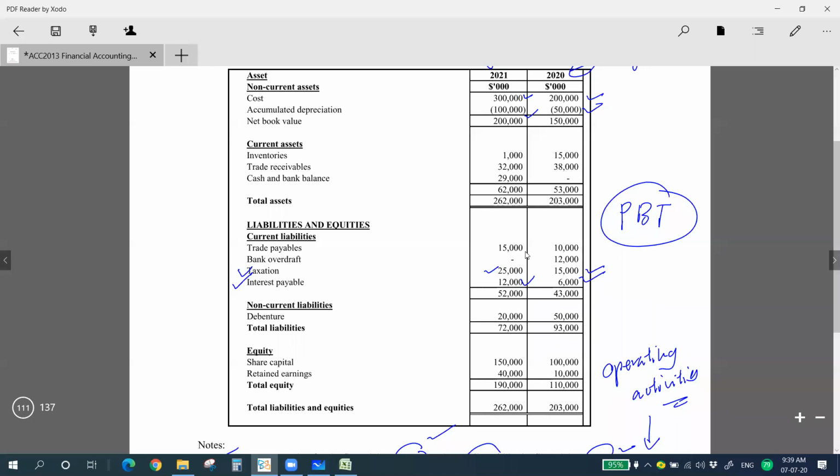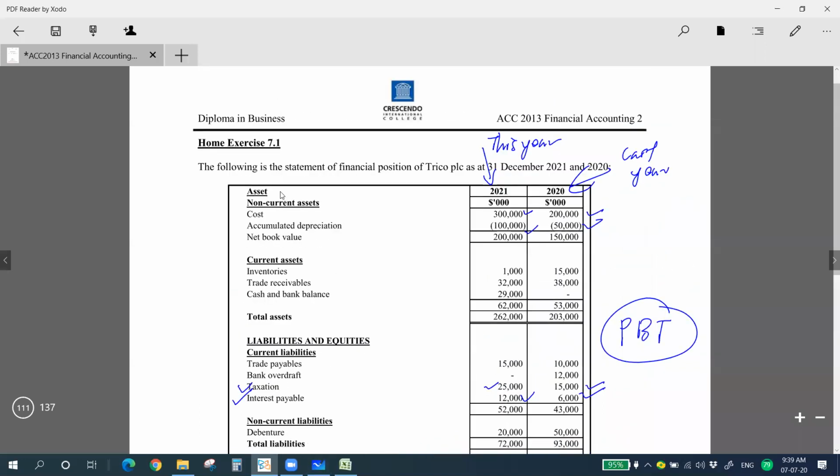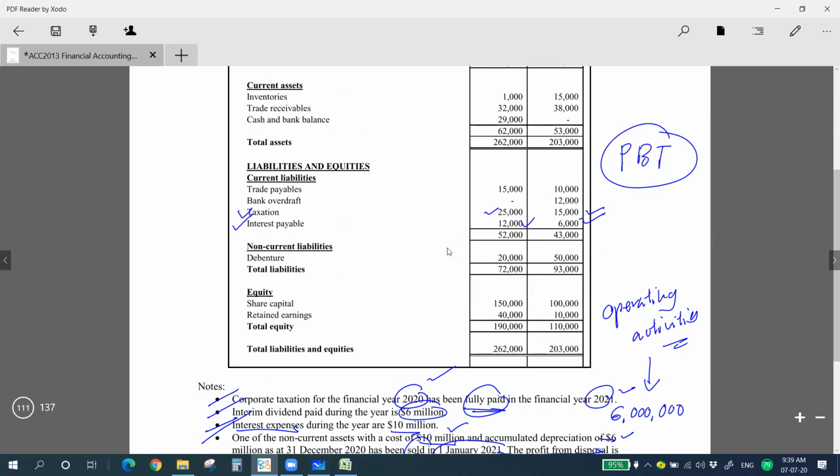So which information is very close to the profit before tax? Which amount in the statement of financial position? We can use the indirect method to find out the profit before tax. Yes, Jewel give a correct answer. We can use the retained earnings to find out the profit before tax.